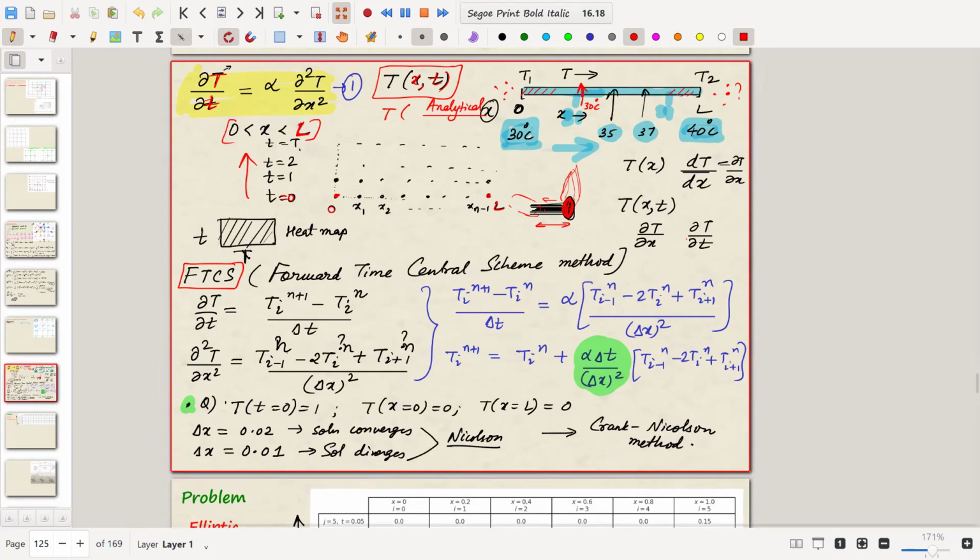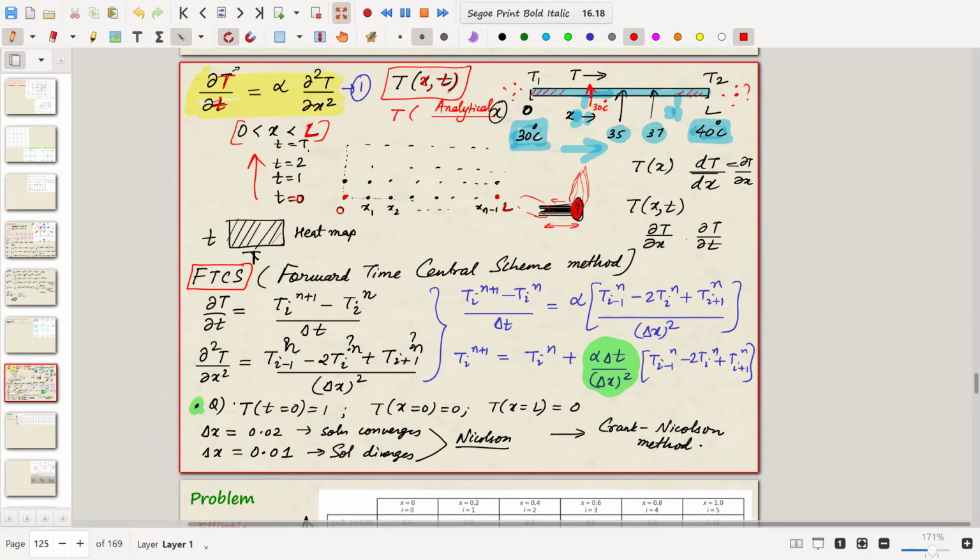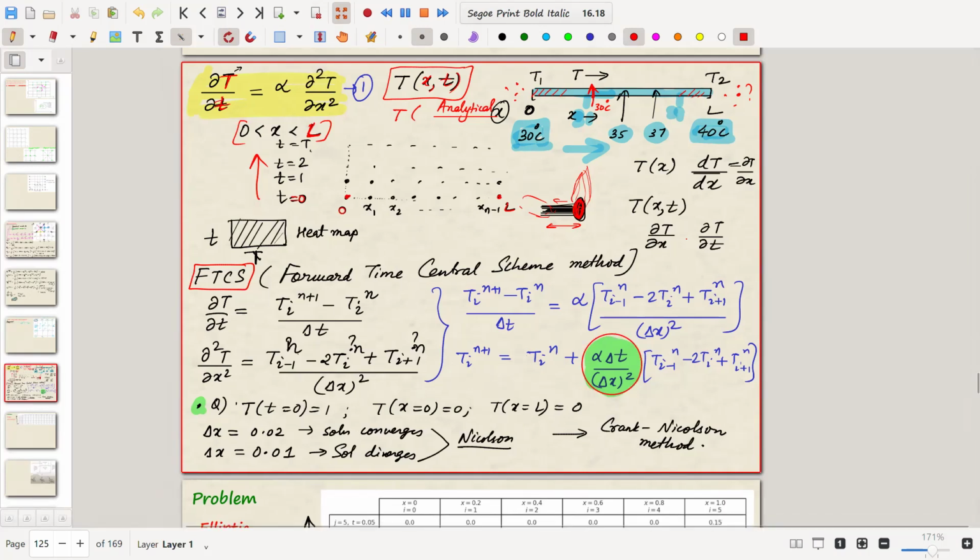When you equate them together, as we did last class, you can see T_i^(n+1), which we want to find, can be written as T_i^n, the past value, plus this term. Alpha is a physical constant. Delta t is the grid size you want in the time step.